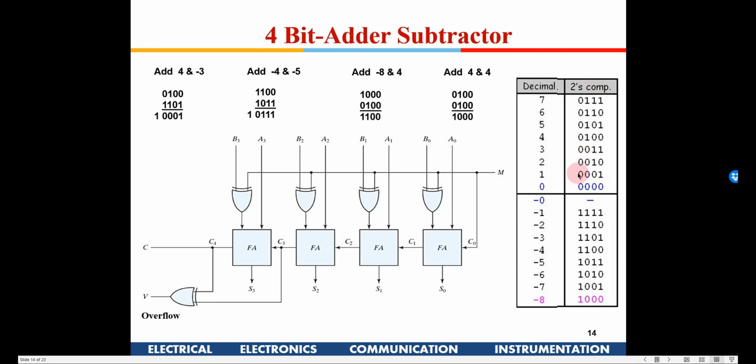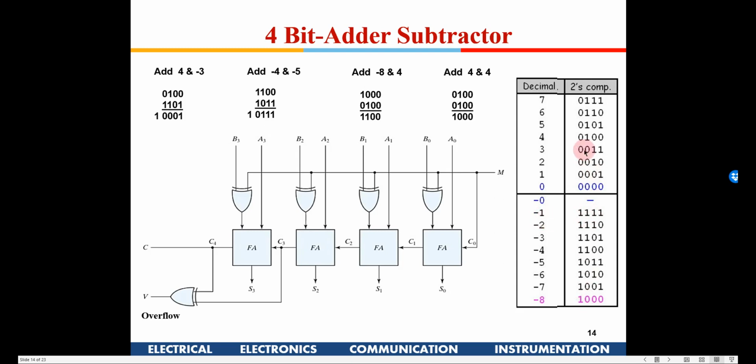If you remember from your digital design classes, for 1's complement you just invert all the bits. For 2's complement you invert all the bits and add 1. So if I invert this, 1 1 1 0, and then add 1, it will become 1 1 1 1. So -1 is 1 1 1 1.